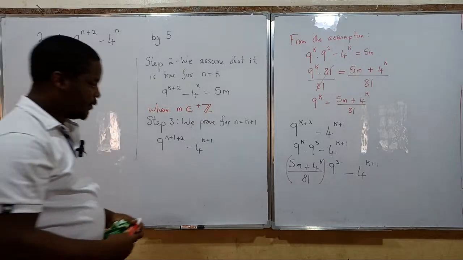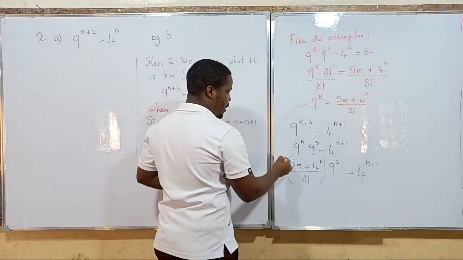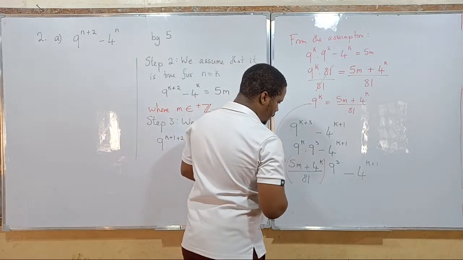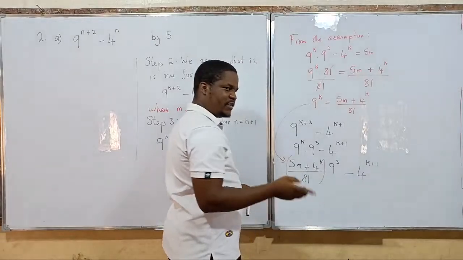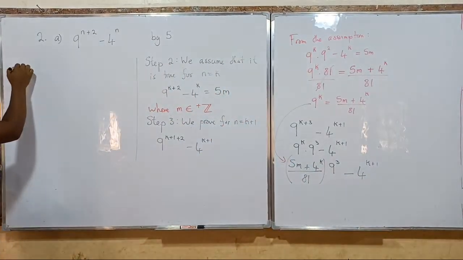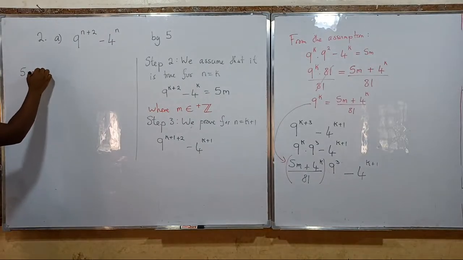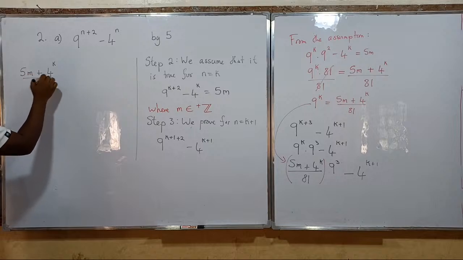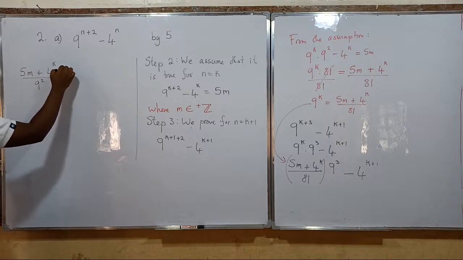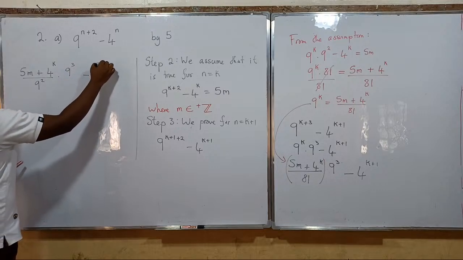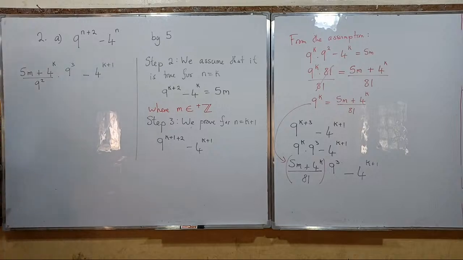Okay, so like I said, the assumption guy comes there, times 9 to the power 3. So remember 81 is the same as what? 9 to the power 2, right? So that statement can become 5m plus 4^k divided by 9 squared, multiplied by 9 to the power 3 minus 4^(k+1). Look at what will happen now.